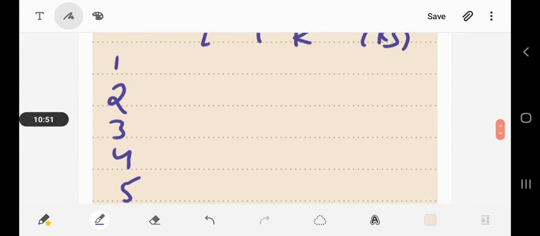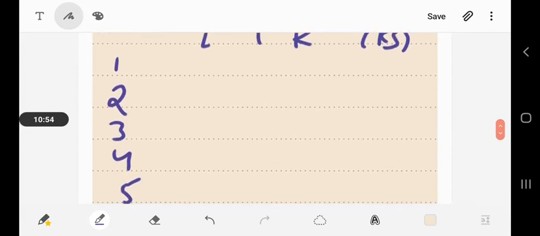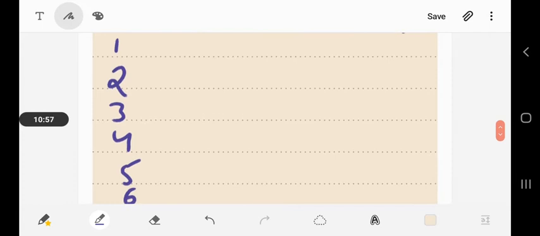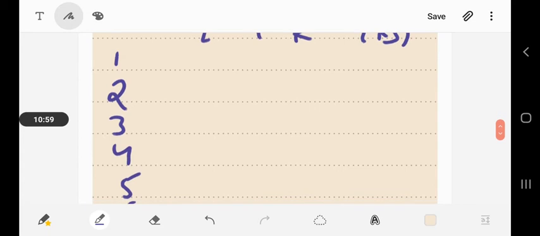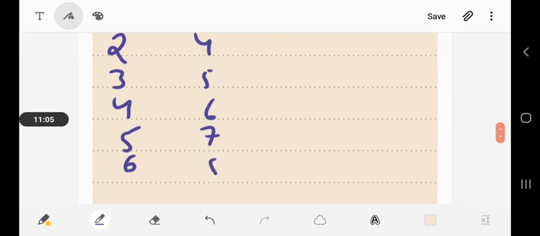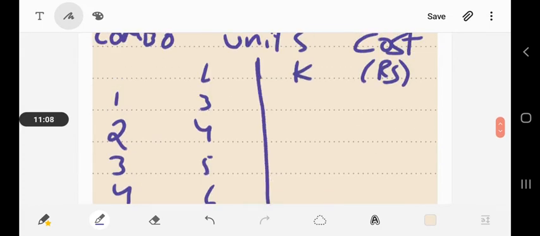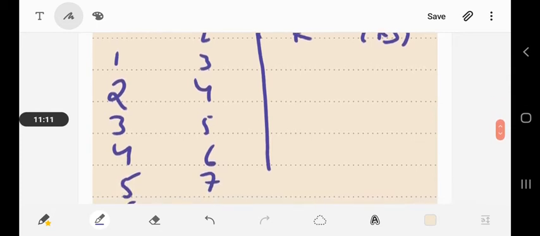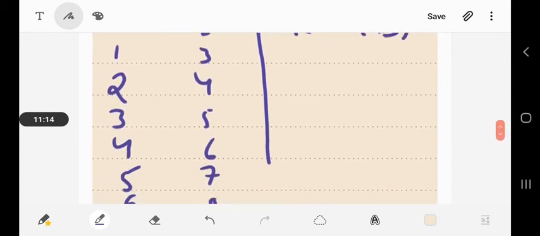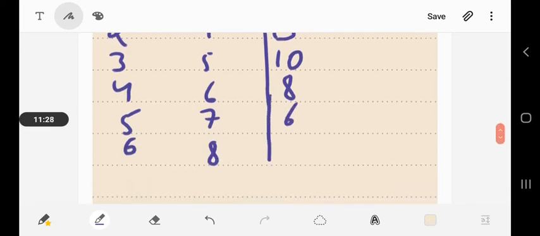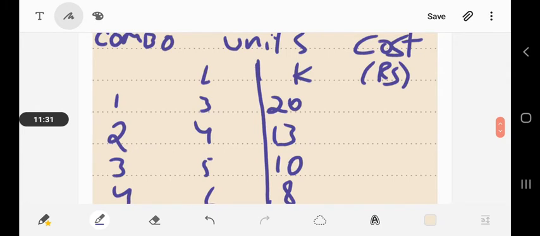Assume that the units of labor are 3, 4, 5, 6, 7, 8, and the units of capital are 20, 13, 10, 8, 6 and 5.